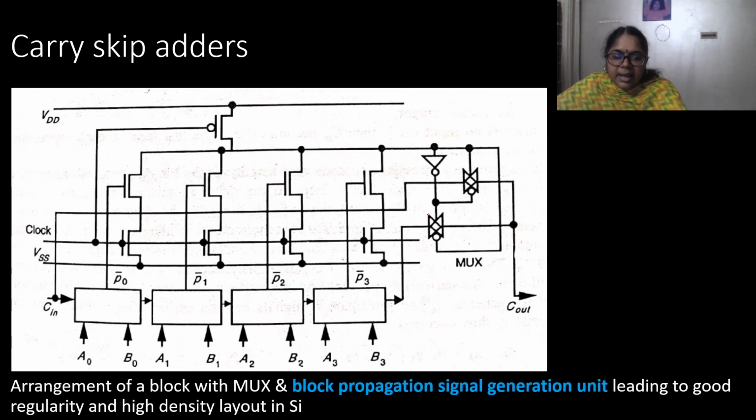So this particular circuitry actually shows the arrangement of a block with mux and block propagation signal generation unit, leading to good regularity and high density layout in the silicon.